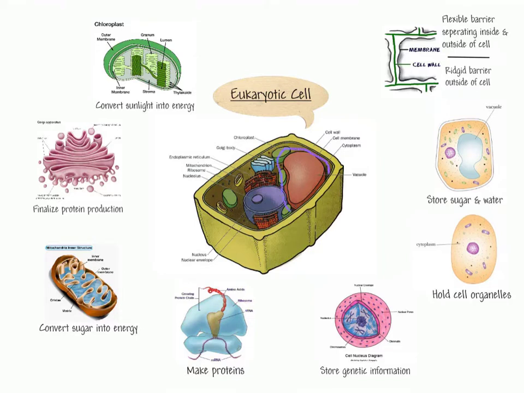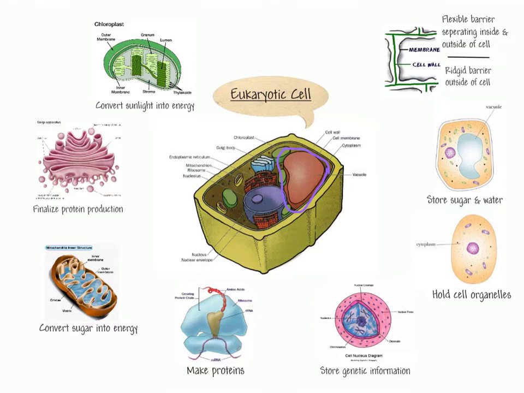Now, when you're looking at this in different diagrams, the vacuole is going to be as big or bigger than the nucleus in a plant cell. So when you see that, you can automatically say, hey, I see two organelles that are pretty close to the same size. One of them must be a vacuole. So if we're talking about one large vacuole, then it's got to be a plant cell. And you can double check yourself by checking for the cell membrane and the cell wall, and also anything that could possibly be a chloroplast.